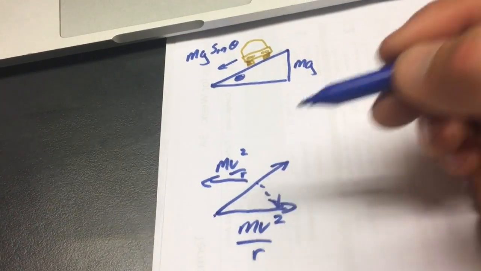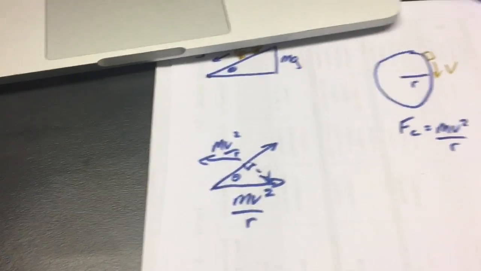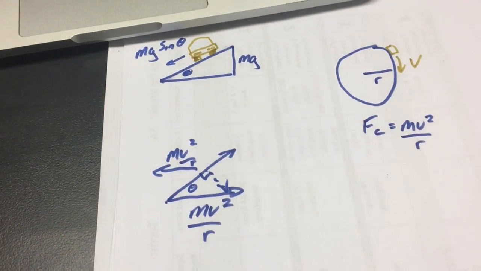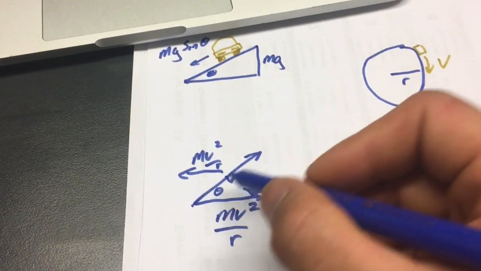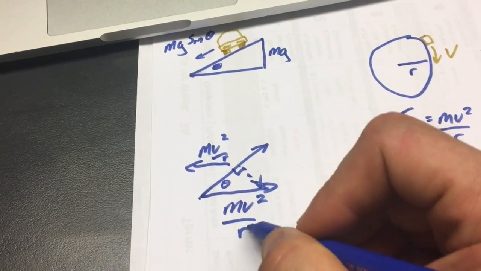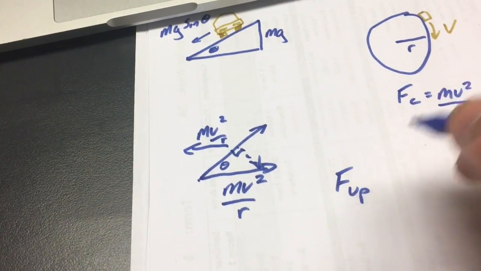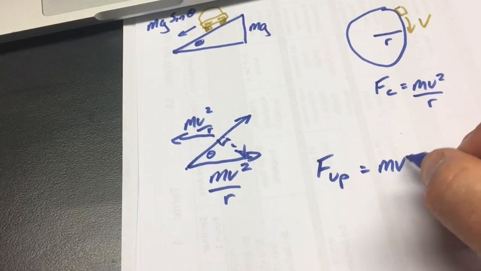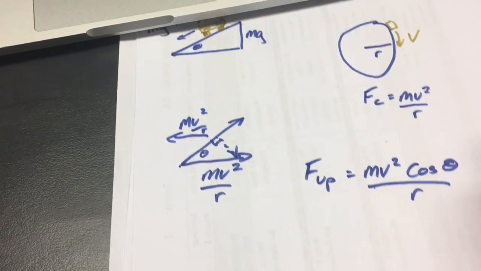And we care about the up the track part. We've got our same right triangle as we did when we looked at downslope forces a long time ago, and we can see that therefore the upslope part of this is going to be mv squared over r times cos theta. F up equals mv squared cos theta over r.